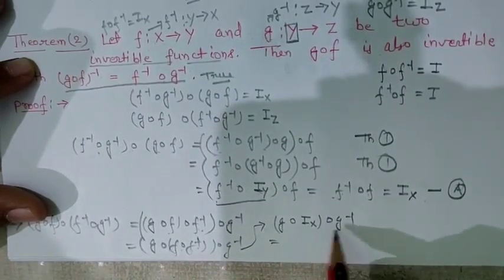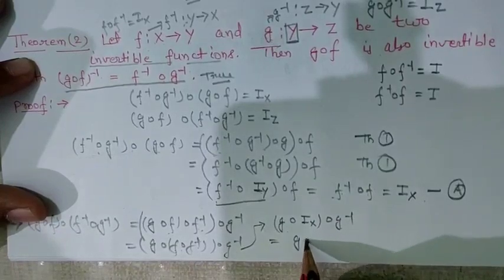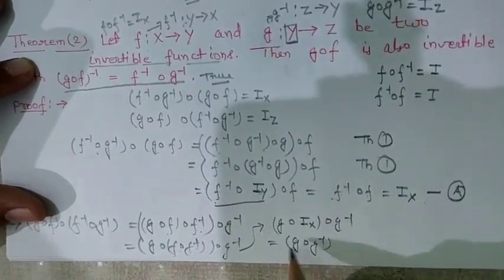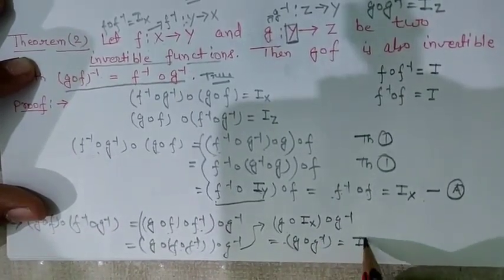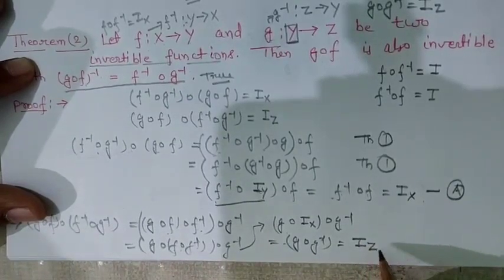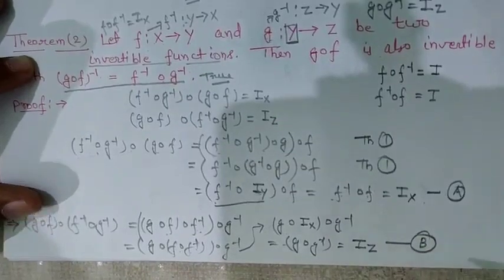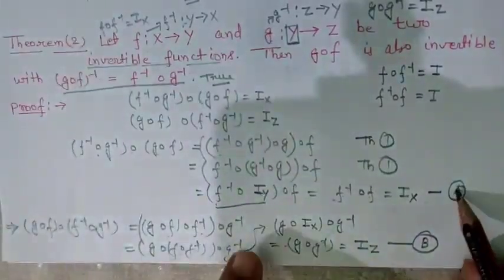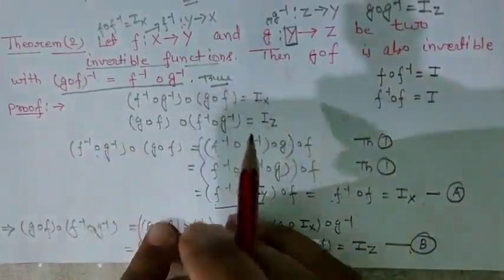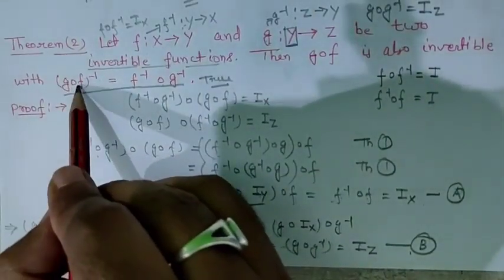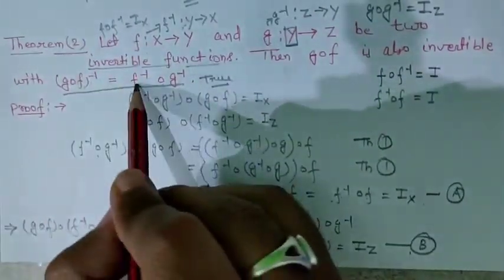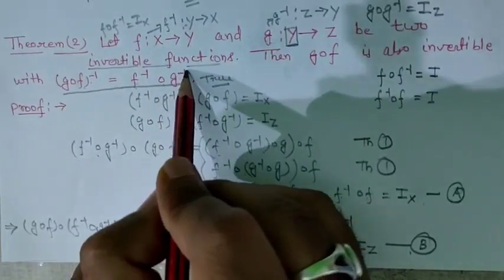Now again it will give you g o g inverse, and that is I_Z. So from B you can say, using A and B, that (gof) inverse is equal to f inverse o g inverse.